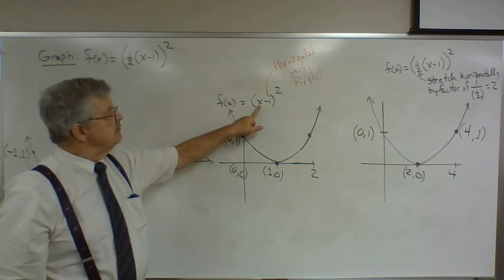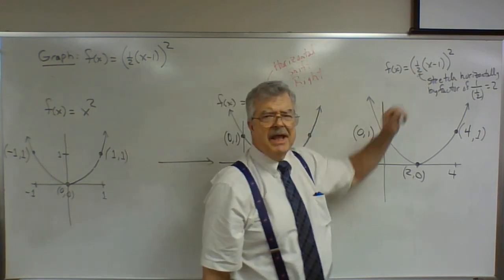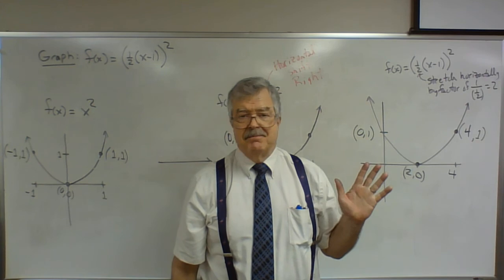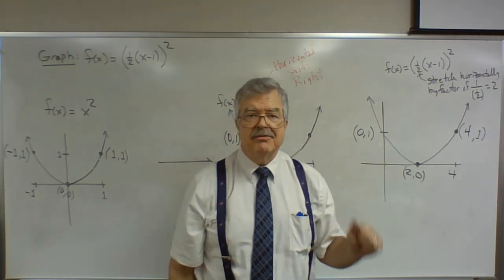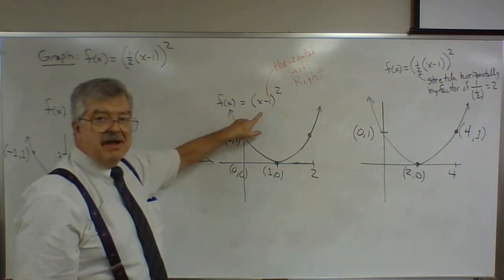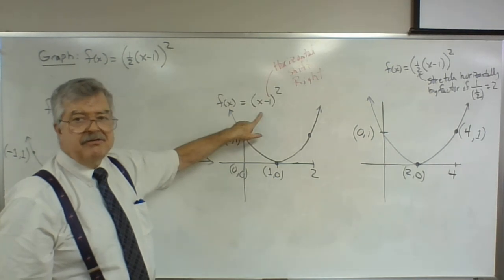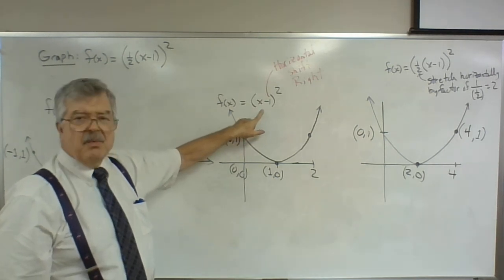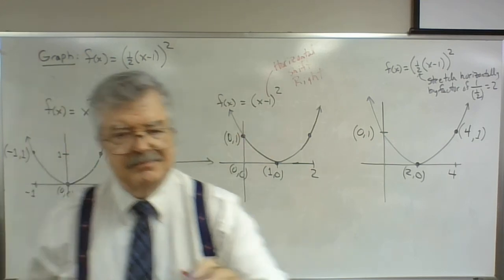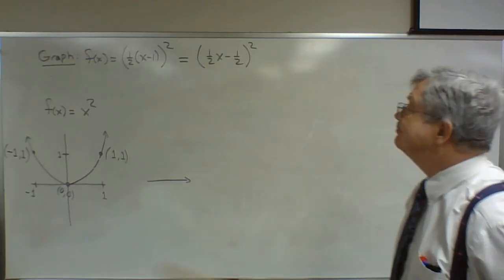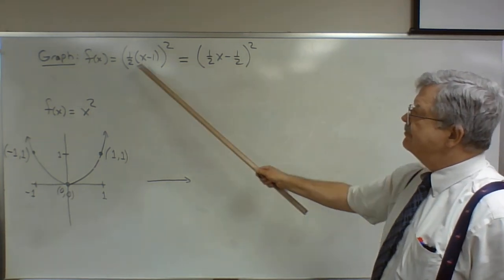No. I squared x minus 1, and then I decided I was going to multiply by 1/2. I made a big deal about doing what's inside the parentheses first, and that's not what I did here. So let me do it the way that I should have done it. Let me do it the way that I said I was supposed to do it. Okay, this is what I'm really graphing.